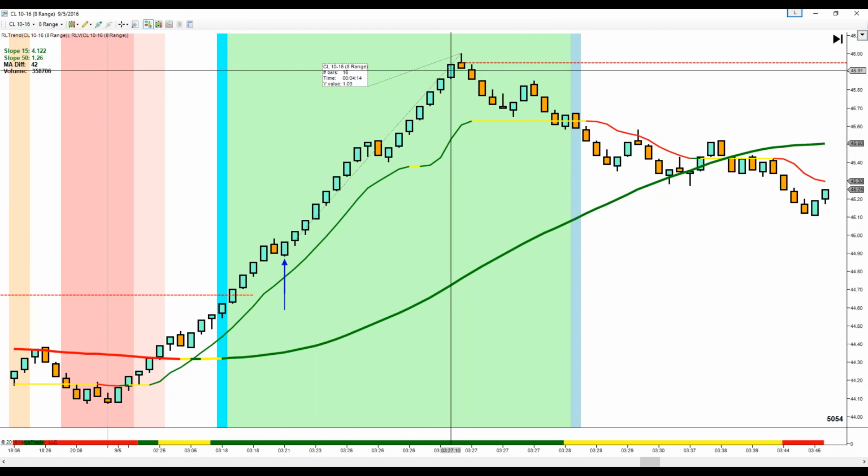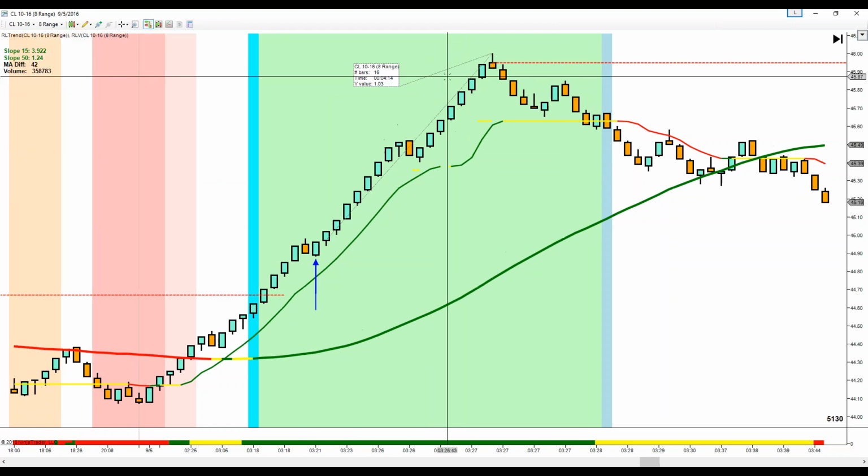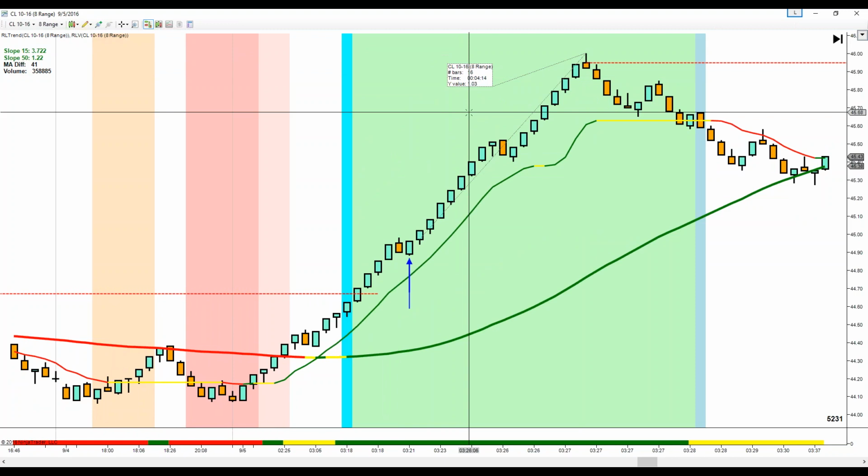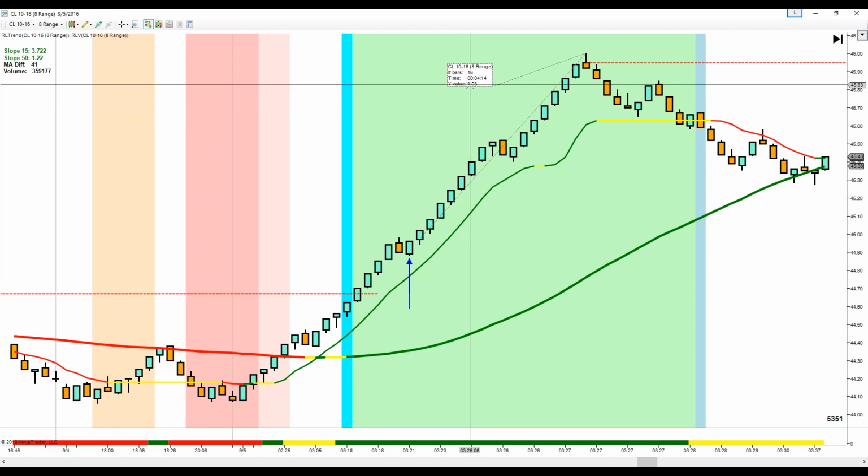That's a lot of money. Remember, we found one loser that cost us 6 ticks or 6 cents, and we just made a trade that we made $1.03 on, or 103 ticks.